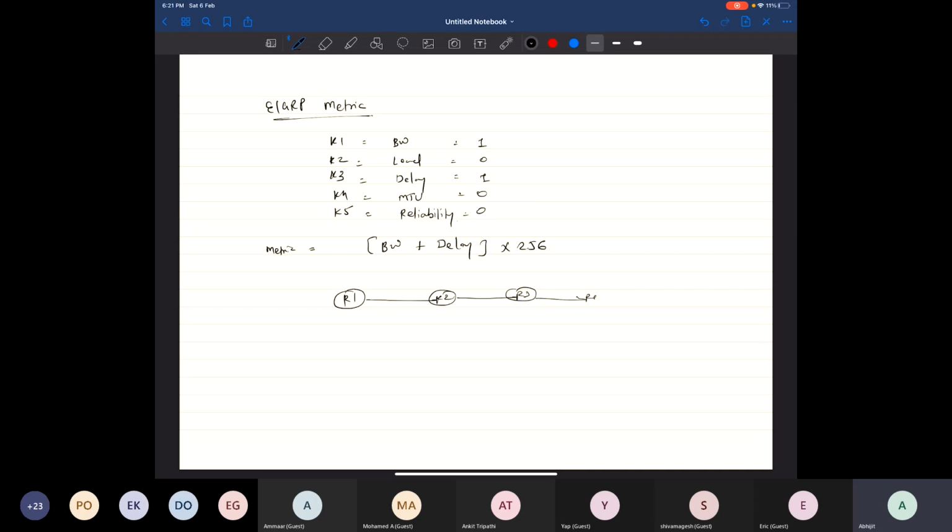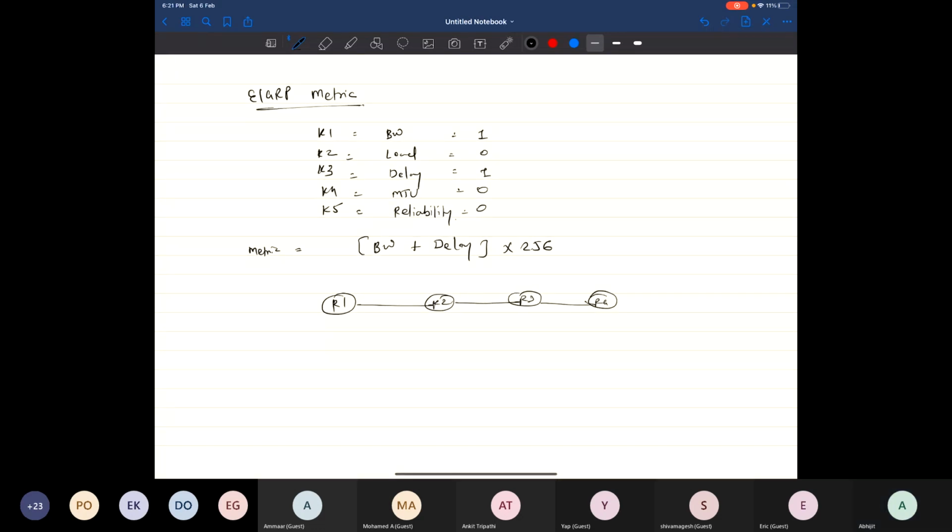from R1 to R2 the link is 100 Mbps, and this is also 100 Mbps, and this is also 100 Mbps. In that case, the bandwidth is the least bandwidth from source to destination.